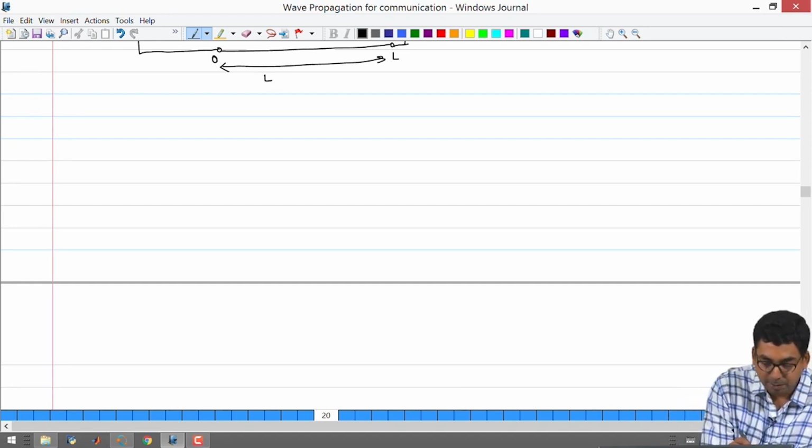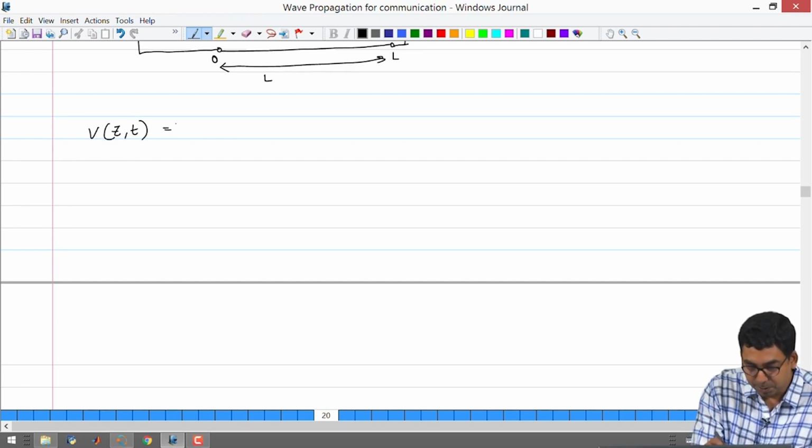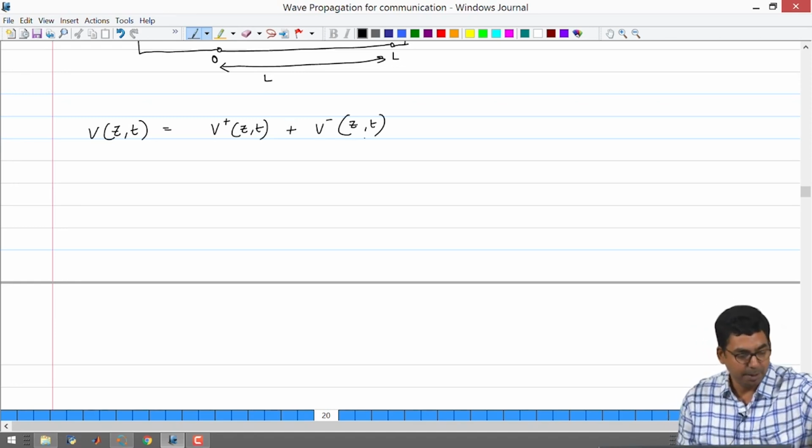So, we can say that V of z comma t, we know the general solution is going to be some V plus of z comma t plus V minus of z comma t.